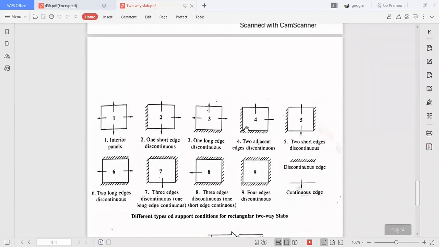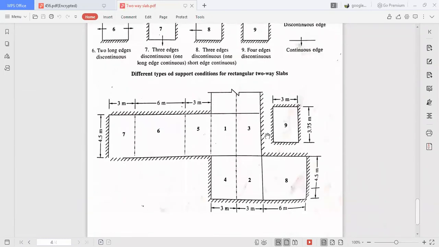See, this is a building. This is some part of a building where we can get all the 9 classifications of the floor. Let us discuss in detail here. There is a huge continuous building, where you can see this shaded portion.